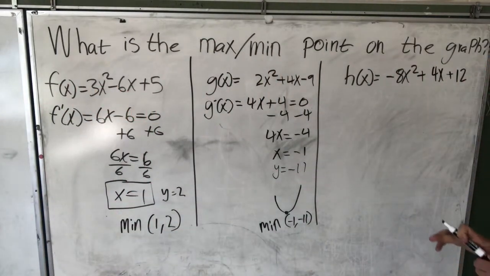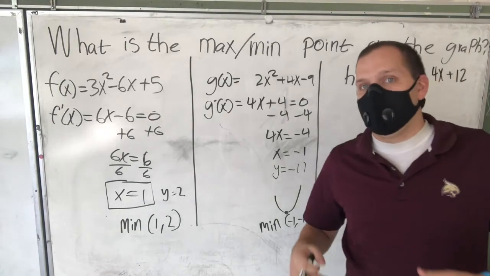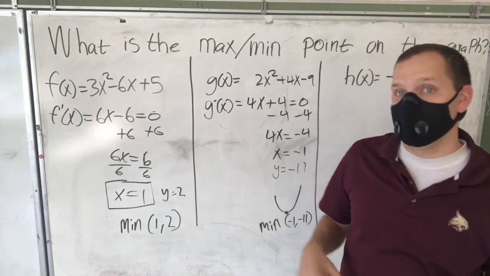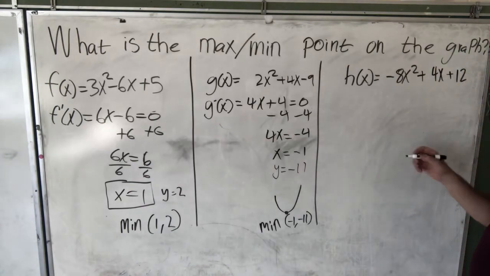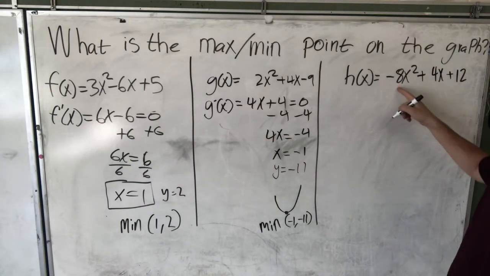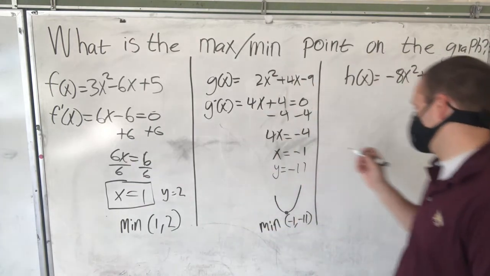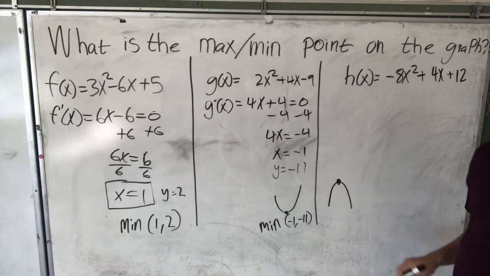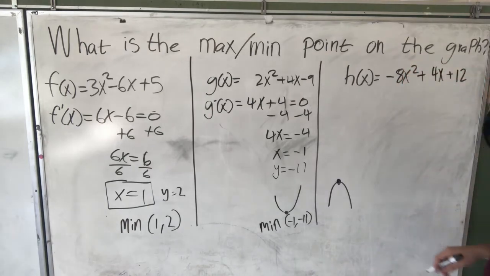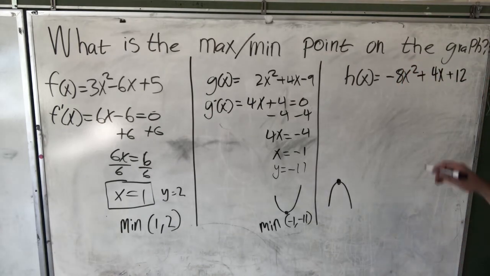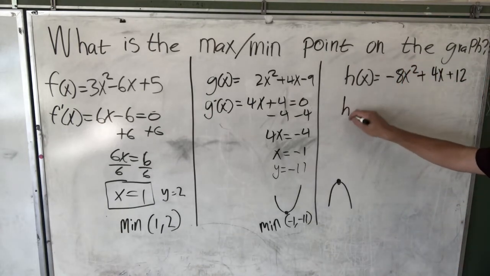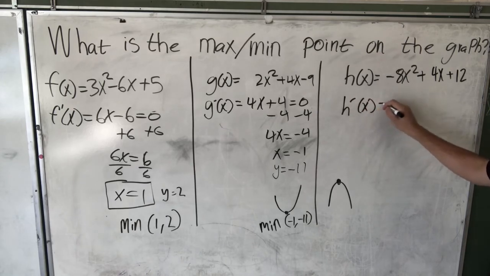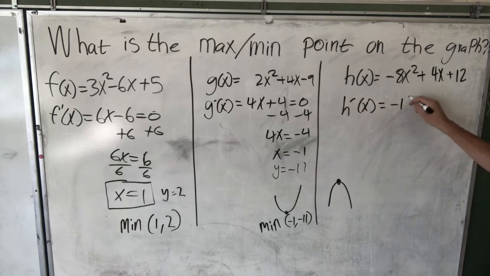So first thing we need to do is determine, is this going to have a relative maximum or relative minimum? As I'm looking at the graph, well, it's a negative 8, so it's going to be opening down. It's going to look kind of like this. So this is going to have a highest point on the graph. So we take the derivative. h prime of x is negative 16x plus 4.